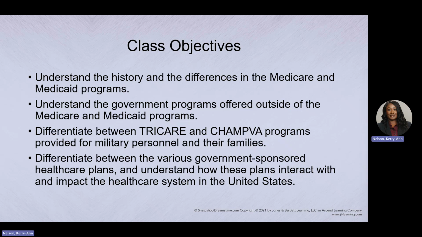The main objective for this lecture will be to understand the history and the differences in the Medicare and Medicaid programs, to understand the government programs offered outside of the Medicare and Medicaid programs, to differentiate between TRICARE and CHAMPVA programs provided to military personnel and their families, and to differentiate between the various government-sponsored healthcare plans and understand how these plans interact with and impact the healthcare system in the United States.